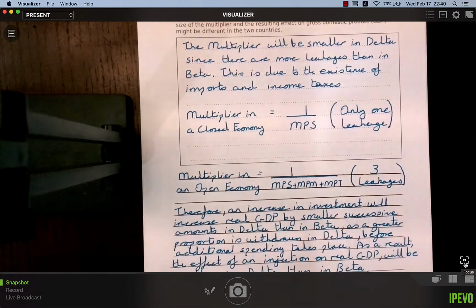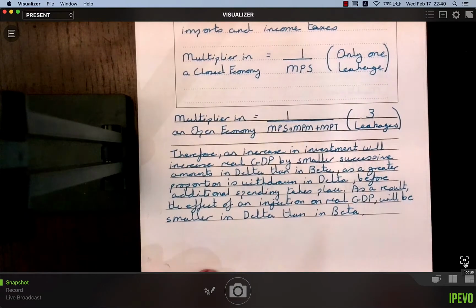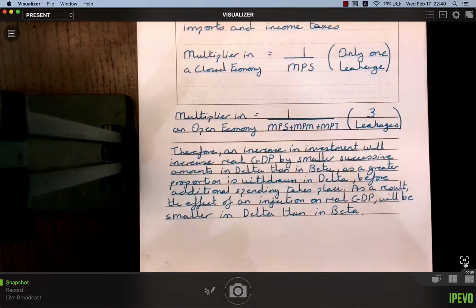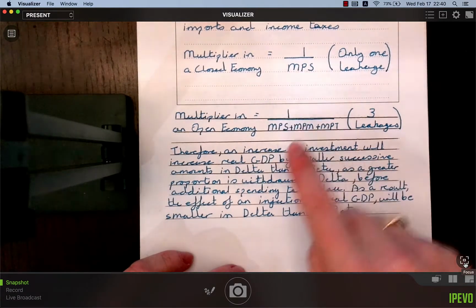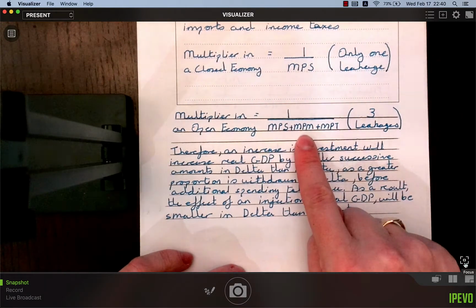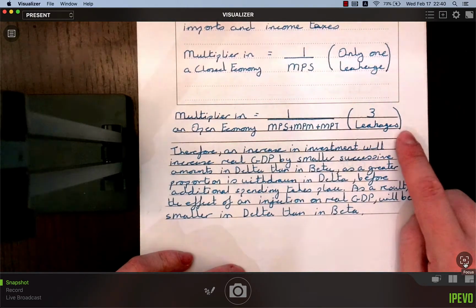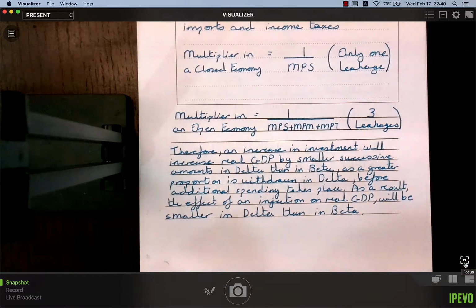But if we go further on, the multiplier in an open economy with a government sector, with taxes like delta, is 1 over an MPS plus an MPT plus an MPM, which means there's 3 leakages. So at each stage of spending, more money has been taken out of the circular flow by leakages, by import buying, and by the government taking taxes.